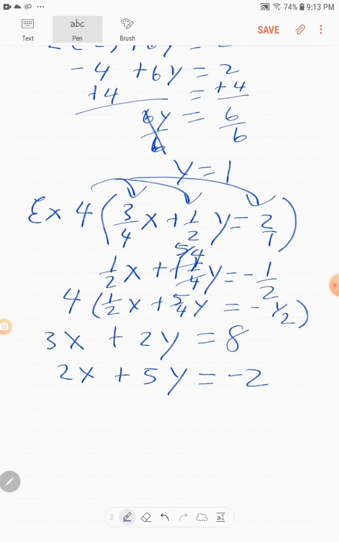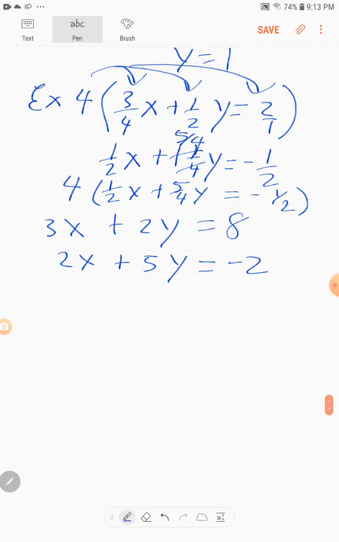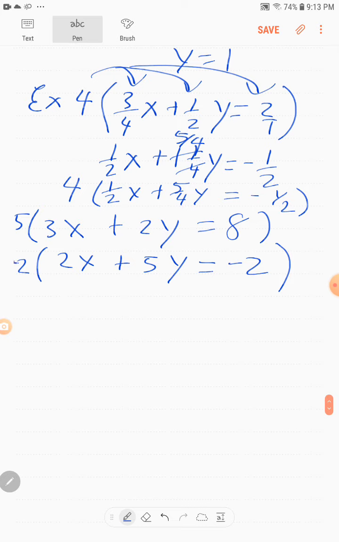Okay, so now this is just a regular system of equations. So if I wish to get rid of the y's, I could interchange those values. So I put 2 here and 5 here and make one of them a minus. So make the 2 a minus. So now the first equation will become 15x plus 10y equal to 40.